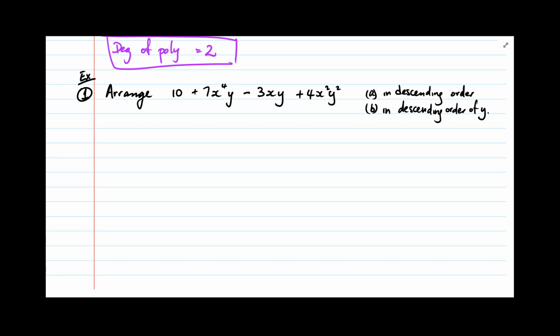Am I writing it just in descending order, or are we paying attention to a particular variable and writing these terms in descending order for that variable?